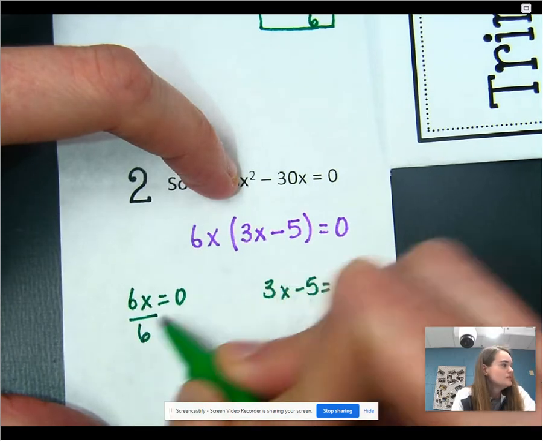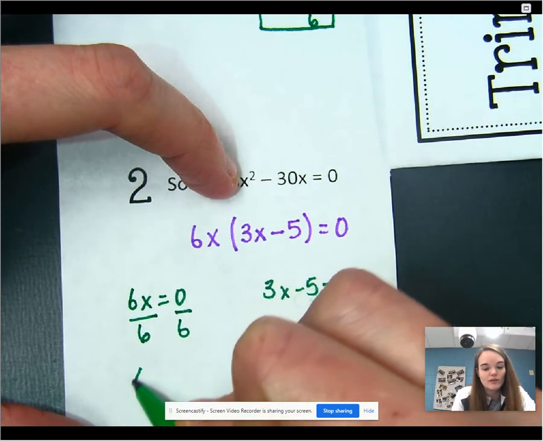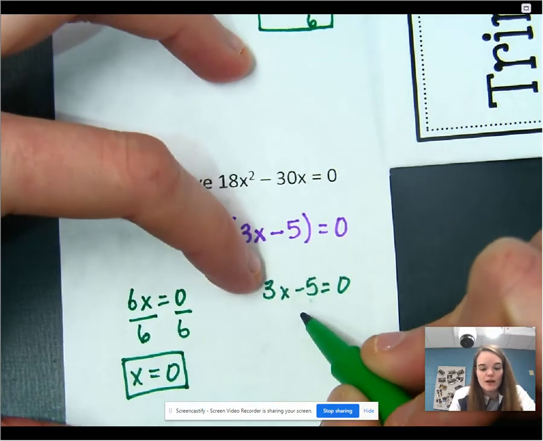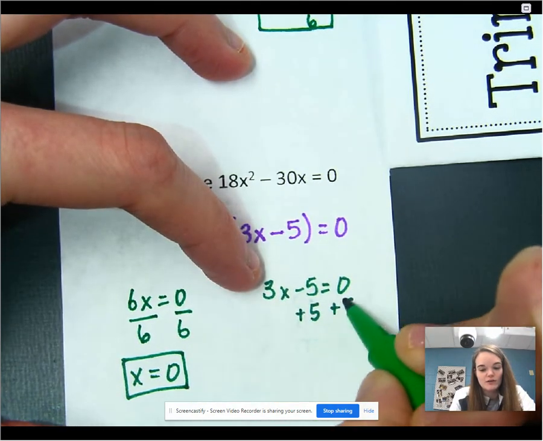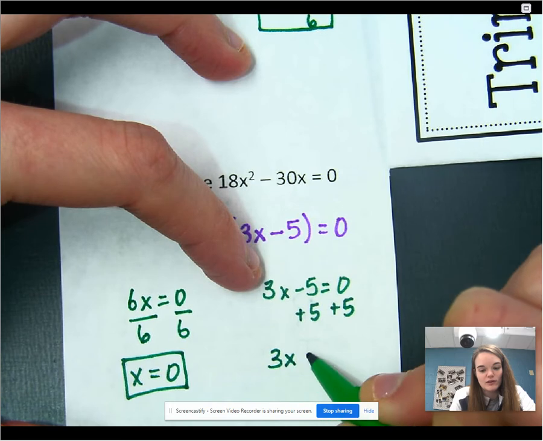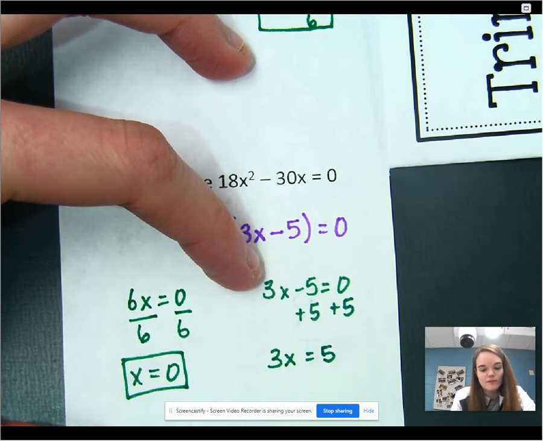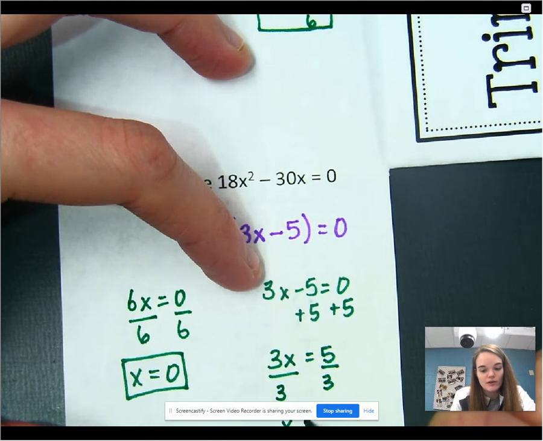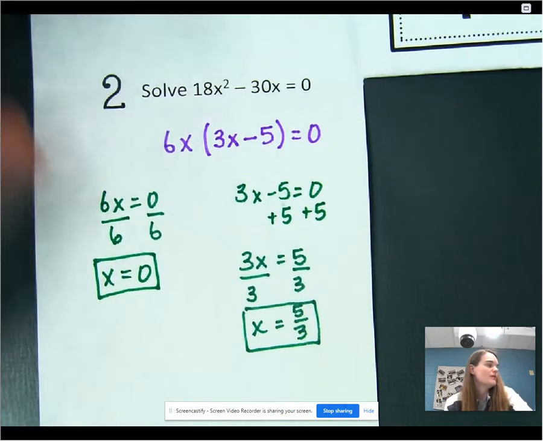Divide by 6. x equals 0. Add 5. 3x equals 5. Divide by 3. x equals 5 thirds. There are my two answers, 0 and 5 thirds.